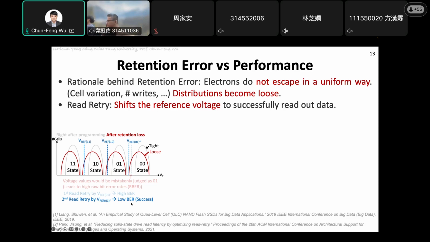Maybe your question will be, how do we decide whether it is low enough or not? It depends on the capability of the ECC. When you are using different ECC coding, they will say, I can correct a hundred errors among thousands of bits. This is the error correcting capability. ECC coding with higher capability can correct more bits or more errors.